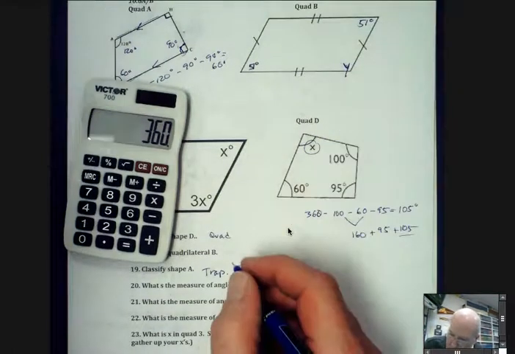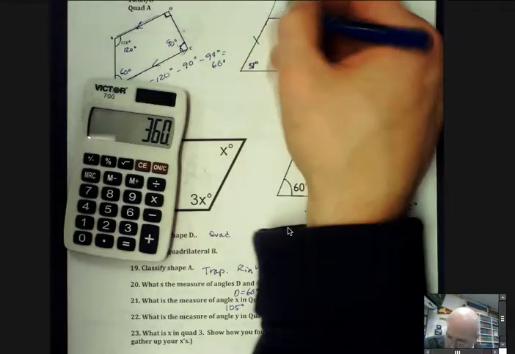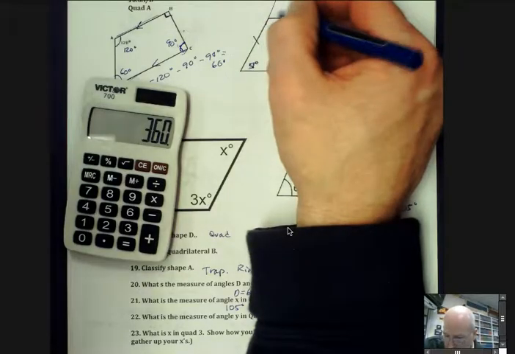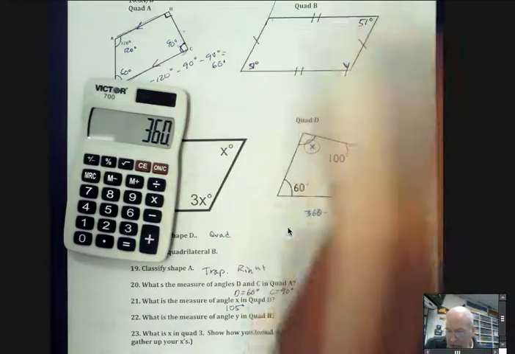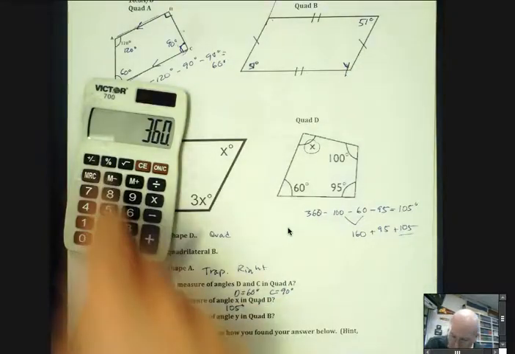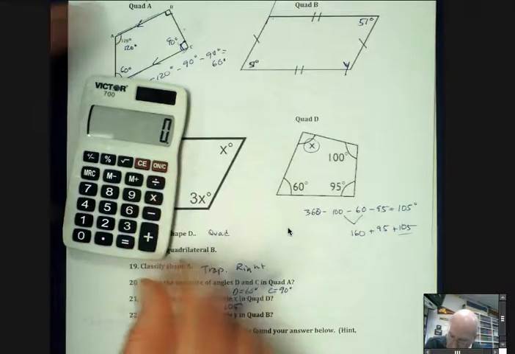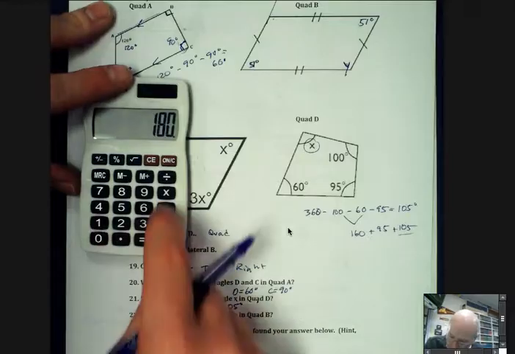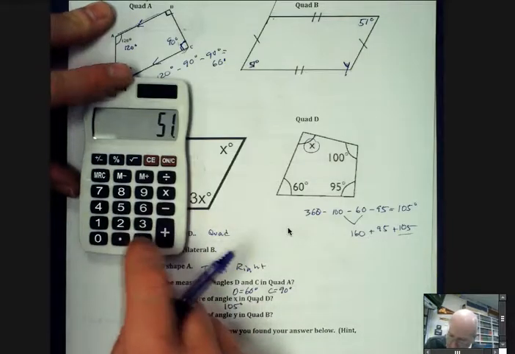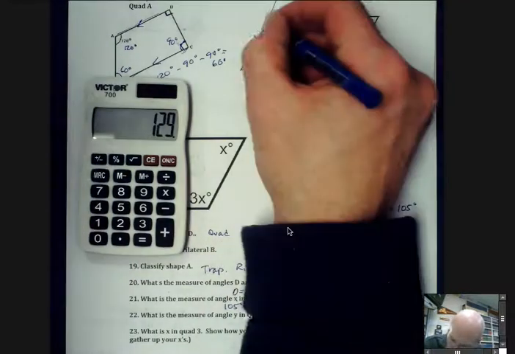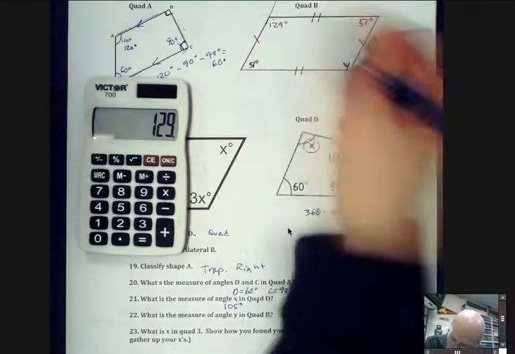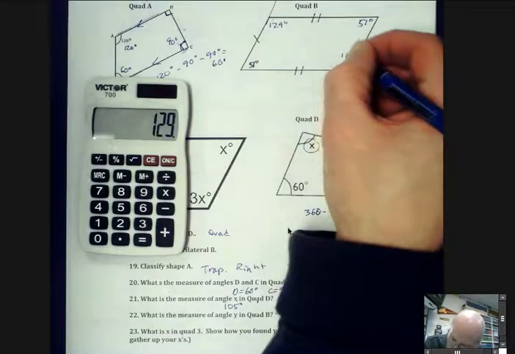And I know that this angle and this angle will have to add up to 180. So I'm just going to clear this out. 180 minus 51 equals 129. So this would be 129 degrees, and this would be 129 degrees.